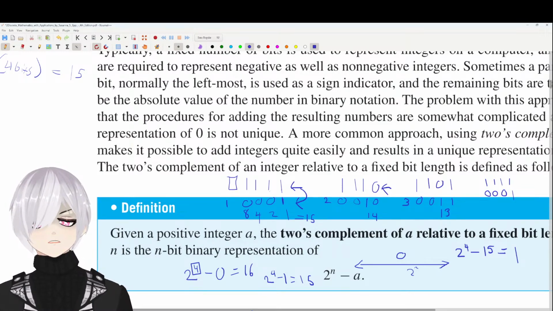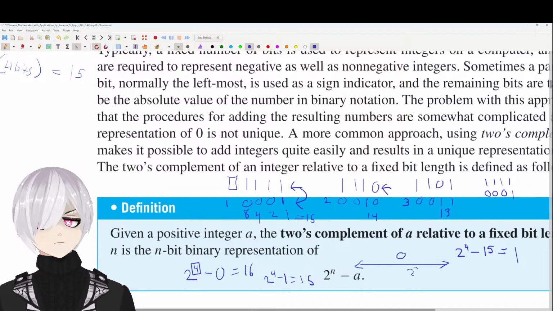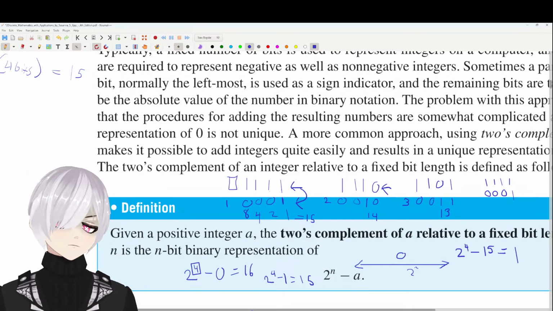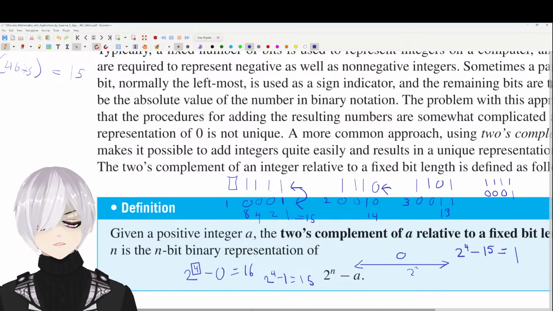Okay. So we figured out the 2's complement is you take the number and subtract it from 2 to the n. But I wonder if you can use 2 to the n. You can plug it into the formula, but you can't represent it with bits.